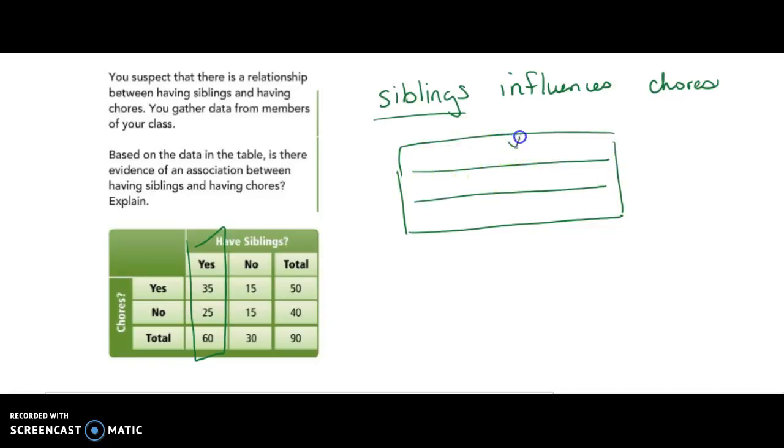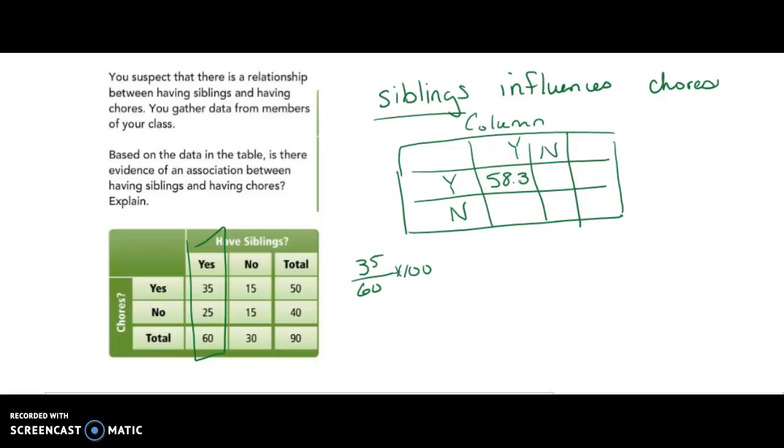So if you have a sibling, we have a yes and no. And then if you have chores, we have a yes and no. So people who have siblings, out of the total number of those people, since we're doing a column relative frequency table, we're going to do 35 divided by 60 times 100 to find out that it is going to be 58.3% of those people have chores.